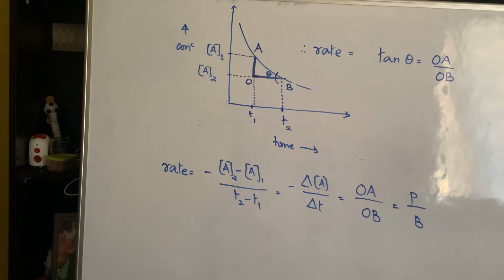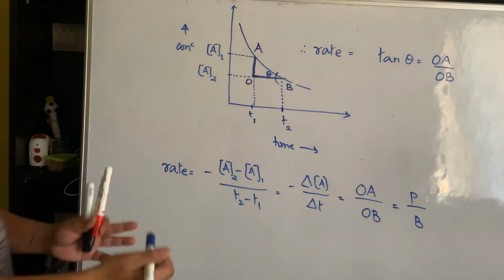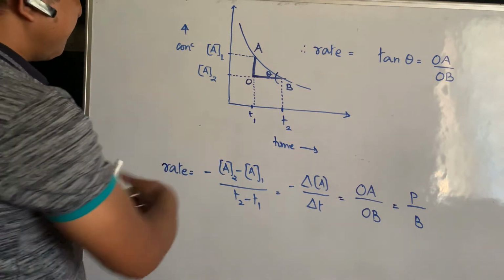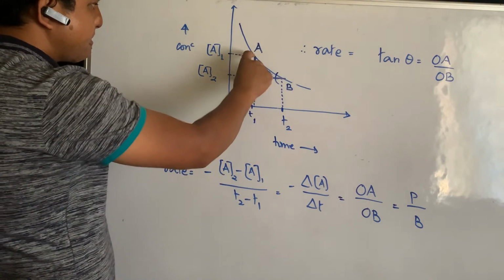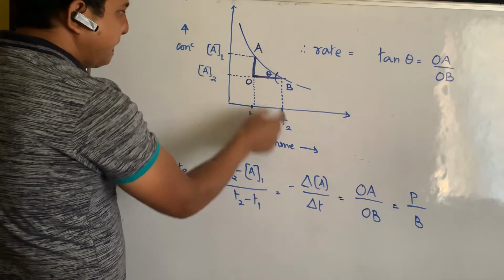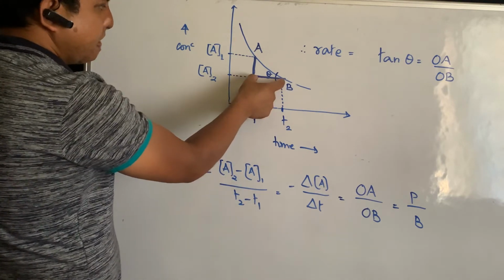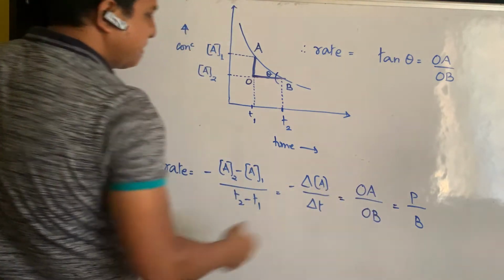This is how you can calculate the average rate of a reaction. See, the rate of a reaction in terms of reactant: this represents the change in concentration OA, and the change in time is delta T, T2 minus T1, which is OB. So OA by OB is perpendicular by base, which is equal to tan theta.